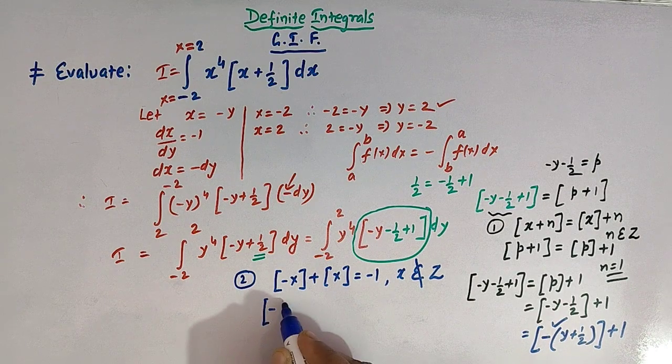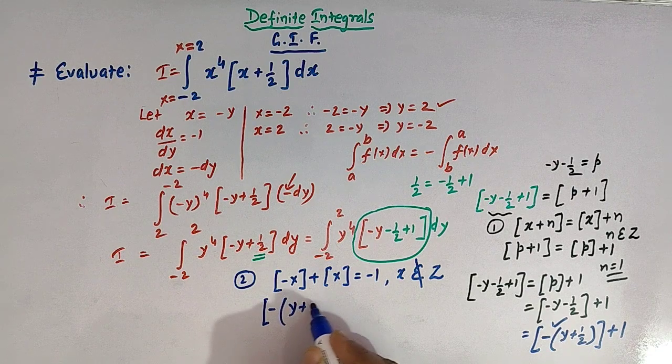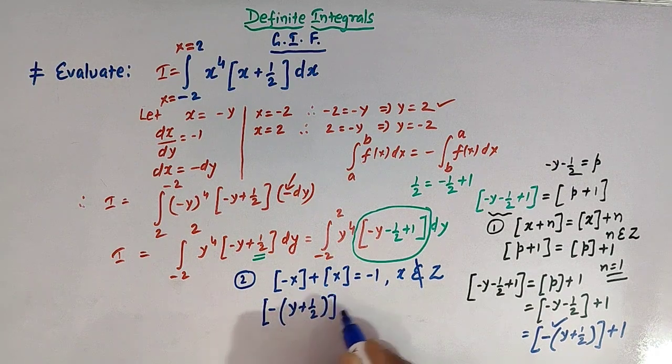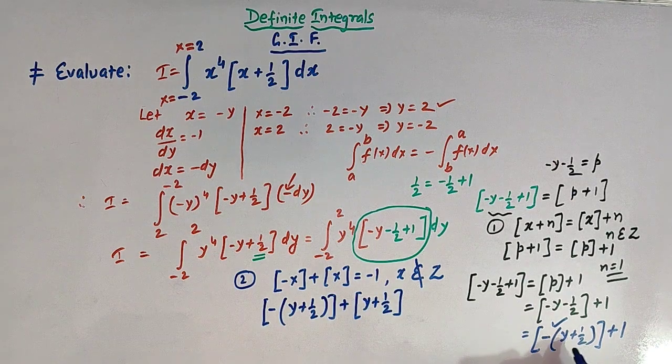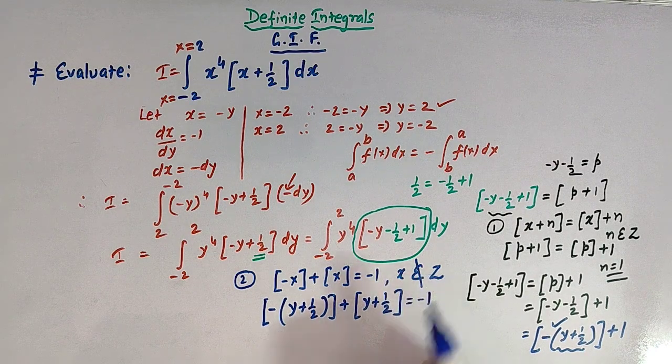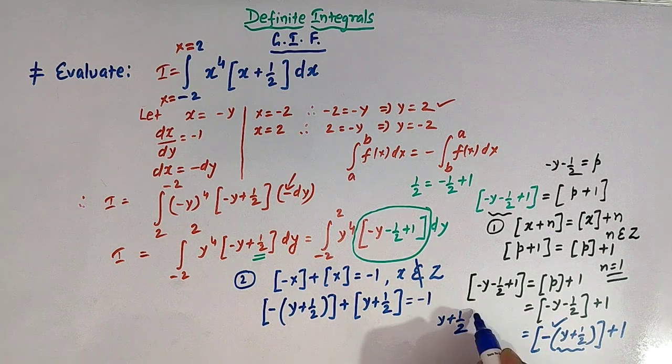We'll get the greatest integer of negative of y plus half, plus the greatest integer of y plus half, because here we are taking x as this term, is equal to negative 1. Since x does not belong to Z, it implies that this y plus half is obviously not an integer.